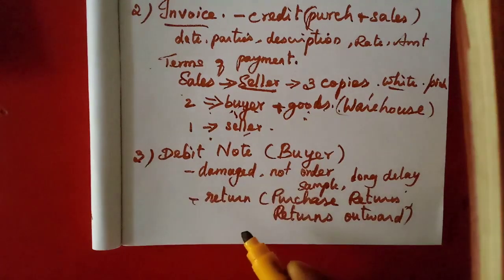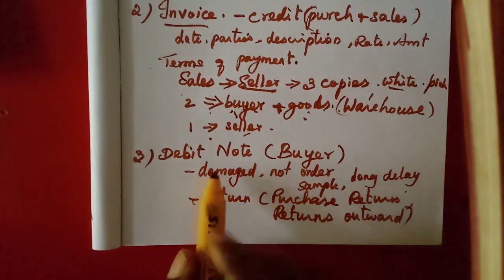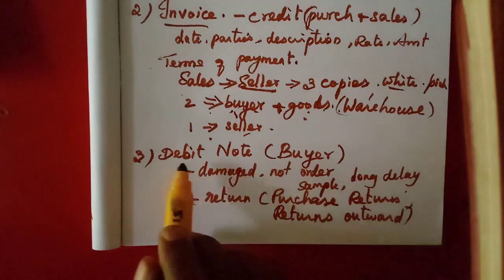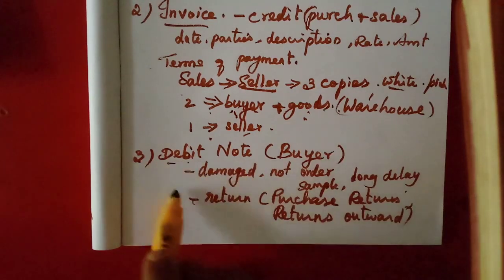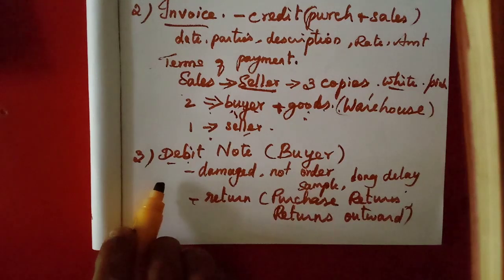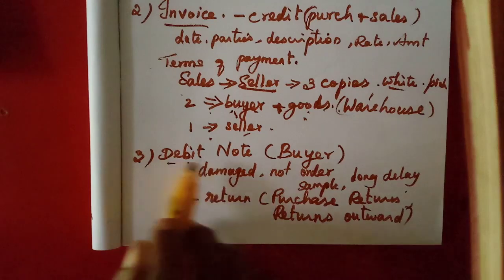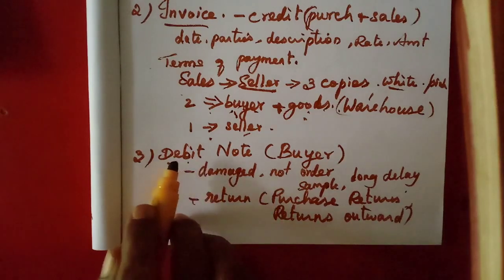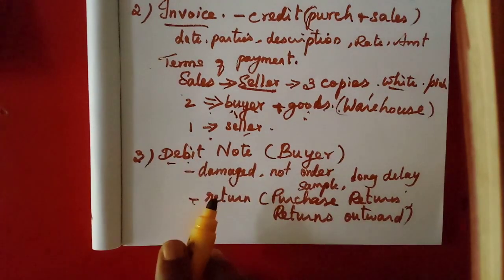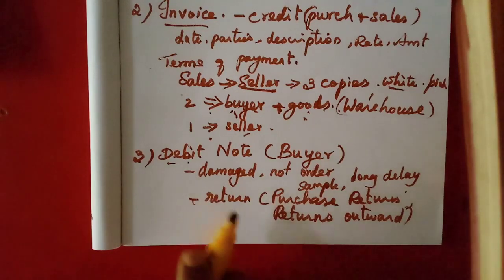Because the seller is considered as having to debit that much amount from their balance. That amount must be debited from their account. So that is why it is called debit note.